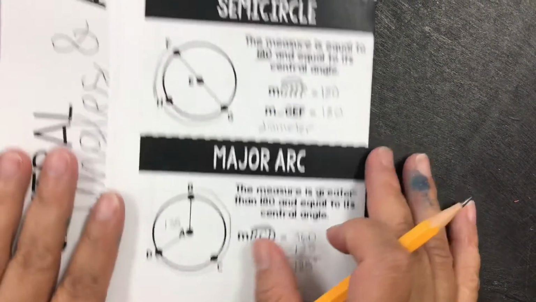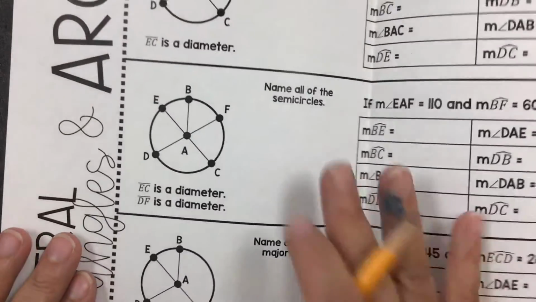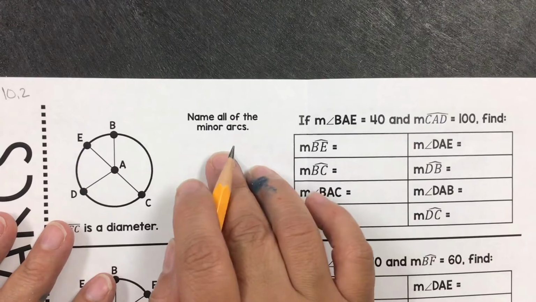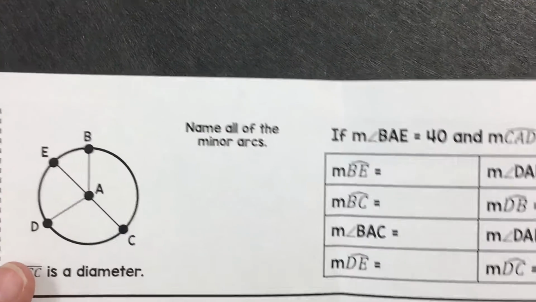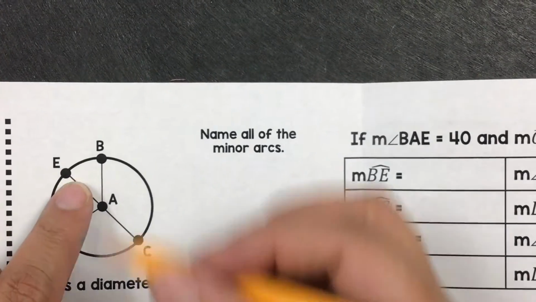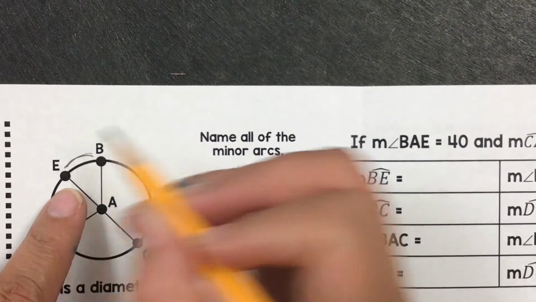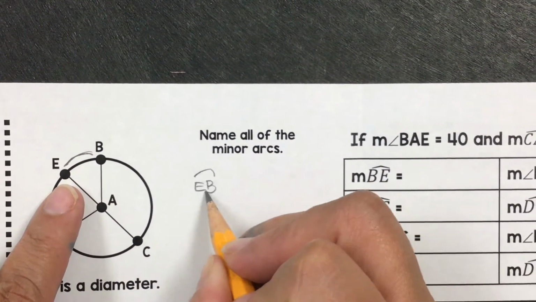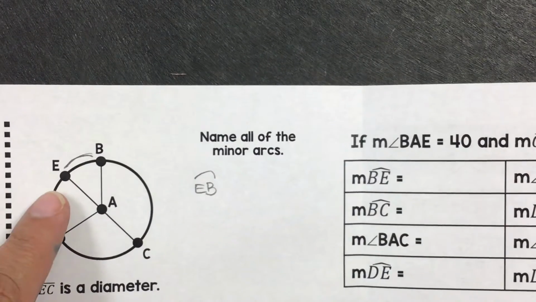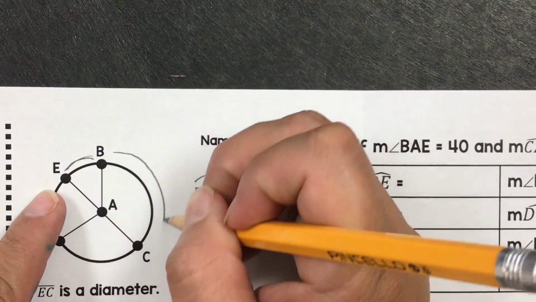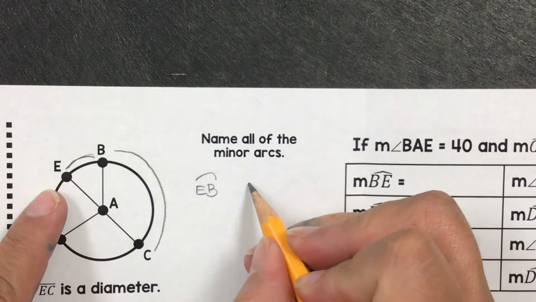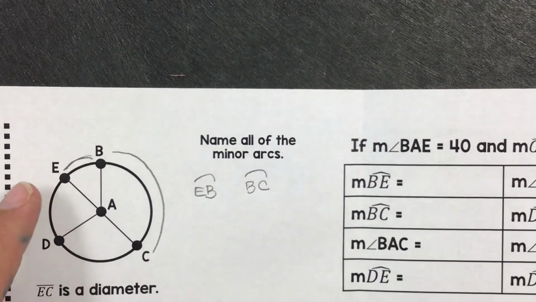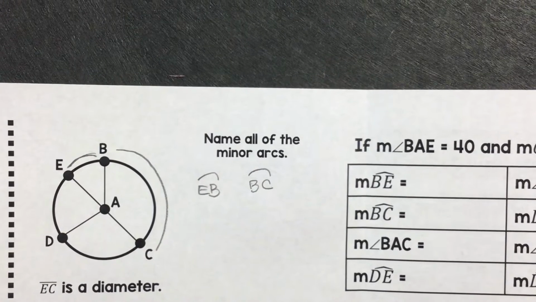All right, let's take a look on the inside. This is how your homework is. It's more like this. Let's name just a few of the arcs so you get the idea of what I'm talking about. One of the minor arcs would be, for example, the arc EB. It could also look like this and be the arc BC, as long as it's less than 180.